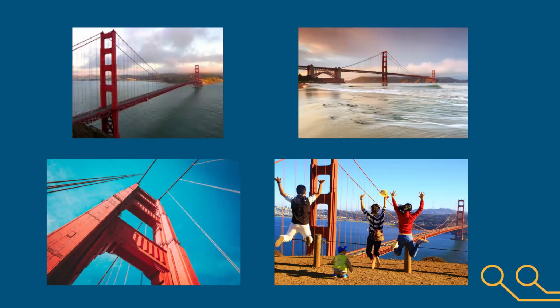What do you notice? That's exactly it, they're different angles. I can look at all four of them and say, hey, that's the Golden Gate Bridge, even though it's from different angles. How can you tell? How do you know?